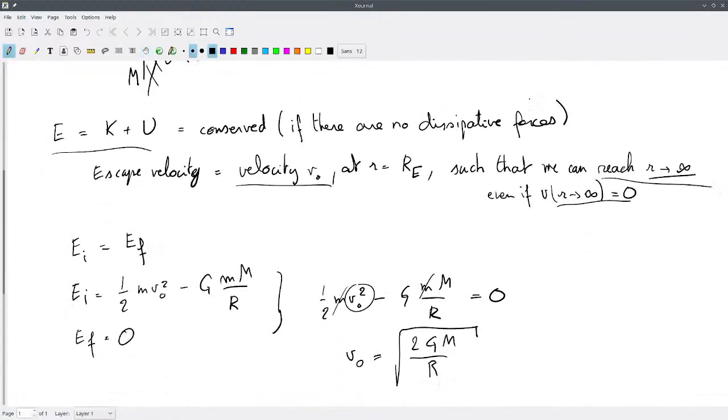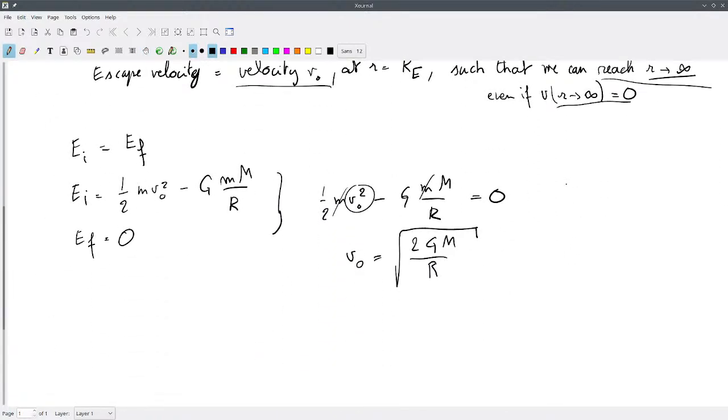So that's the goal of this escape velocity. For Earth, by the way, if we plug in the mass of the Earth, which is 6 times 10 to the 24 kilograms, and the radius of the Earth, which is 6,370 kilometers, and we plug in G, we find that this is about 11 kilometers per second.